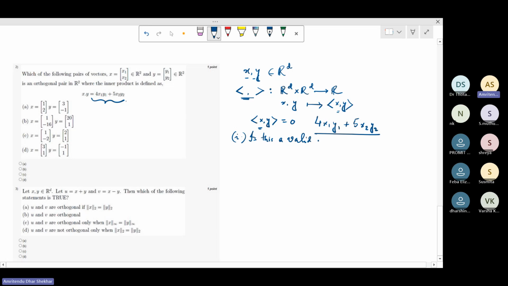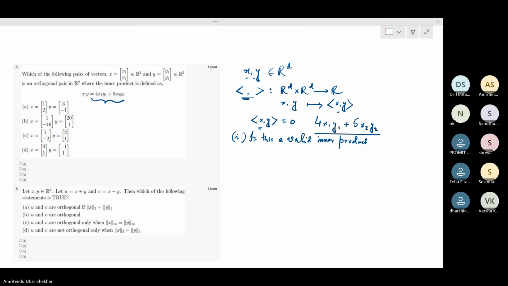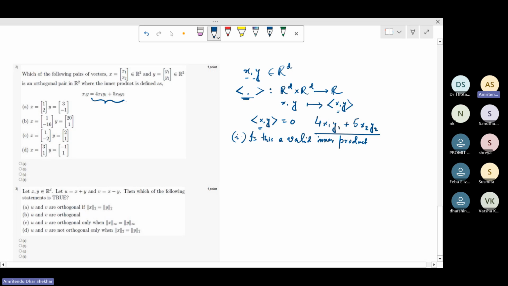It can be applicable for complex valued functions as well. Yes, you could, with complex valued vectors, but we are not going in that direction. We are restricted to reals.